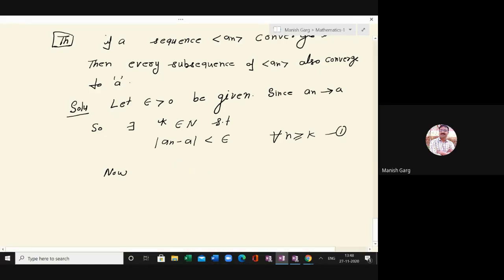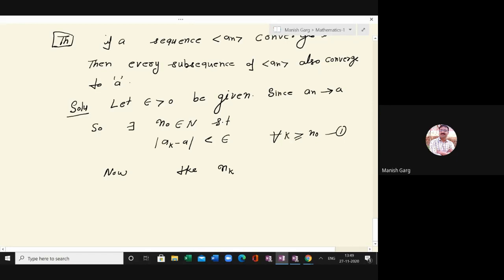I want to change the symbol so that you can understand properly. Here you take a_k minus a, or this is n naught, or this is k.